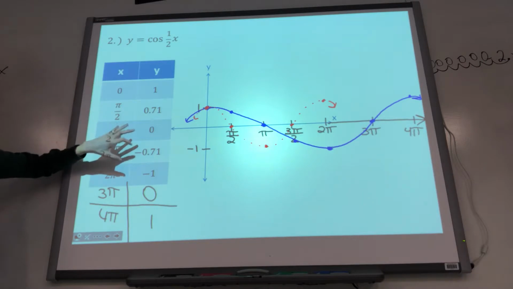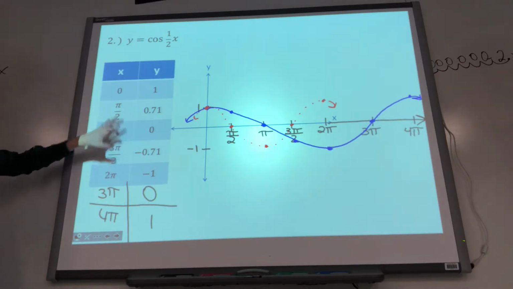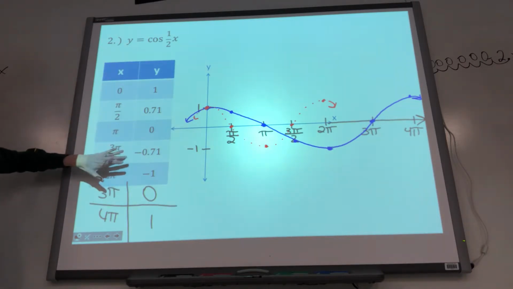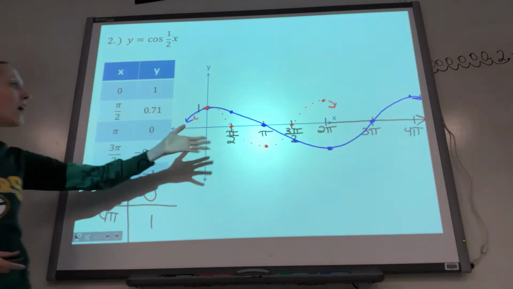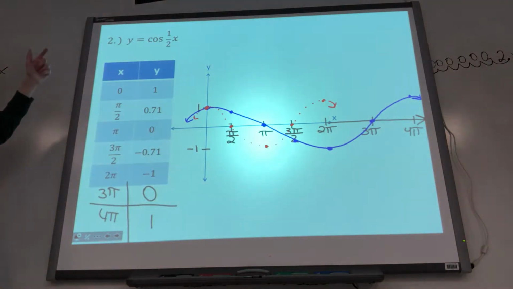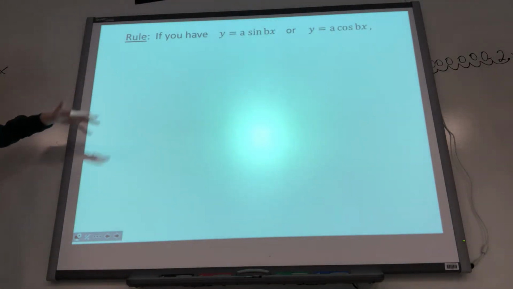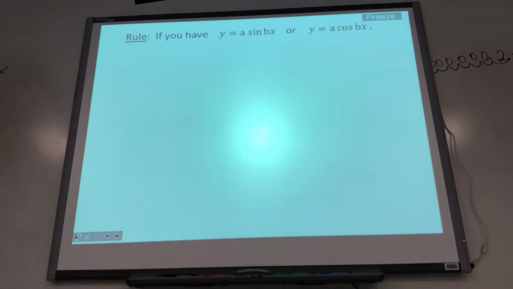In fact, today is probably the last day that we will make a table to graph these trig functions. I'm going to go ahead and give you a couple rules to use that go along with the period like we were just talking about. So it kind of sets you up here with this introduction.